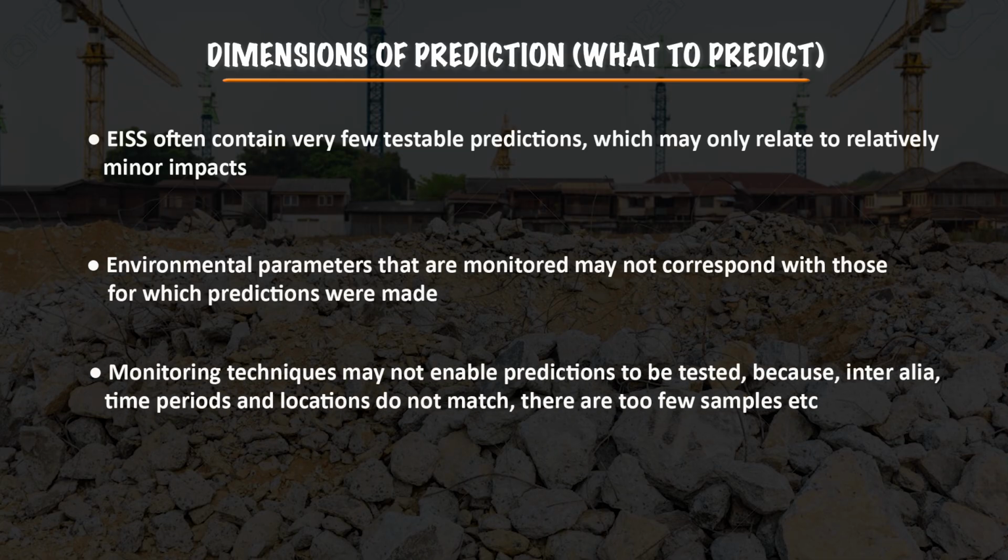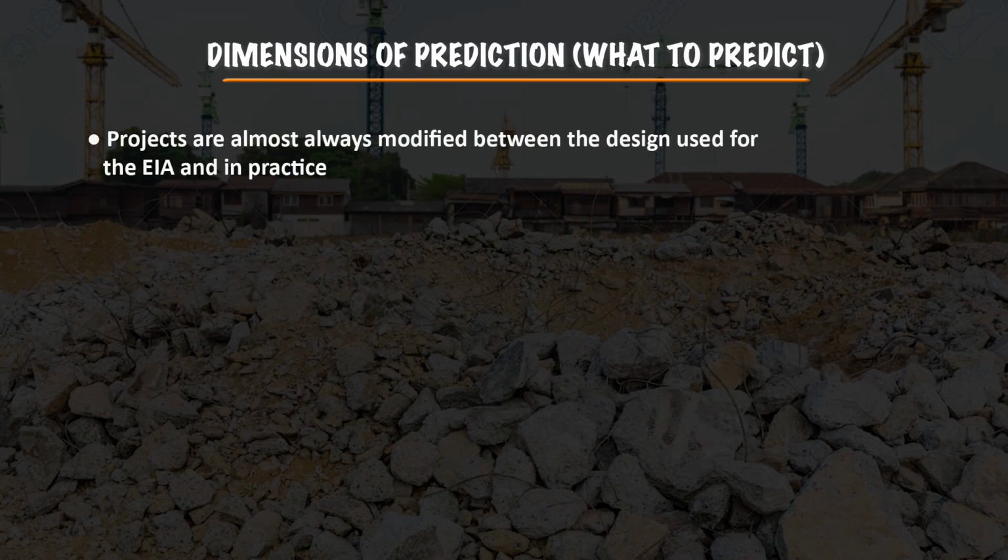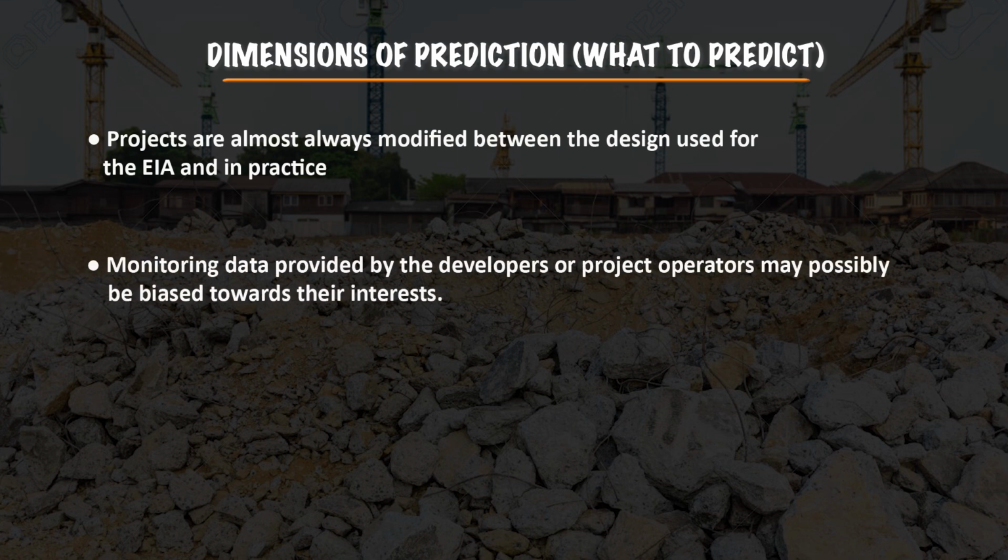Monitoring techniques may not enable predictions to be tested because, inter alia, time periods and locations do not match. There are too few examples. Projects are almost always modified between the design used for environmental impact assessment and the project in practice. Monitoring data provided by the developers or project proposers may possibly be biased towards their interests.